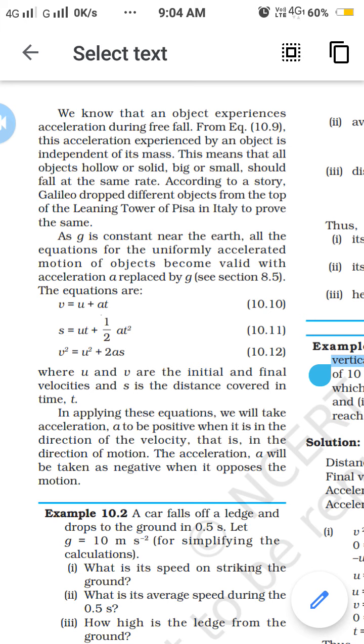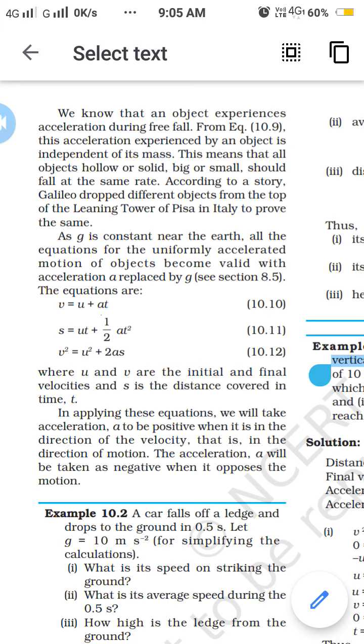It means that all objects, big or small, hollow or solid, should fall at the same rate. According to the story of Galileo, he dropped different objects from a certain height from the top of the Leaning Tower of Pisa in Italy and proved the same.